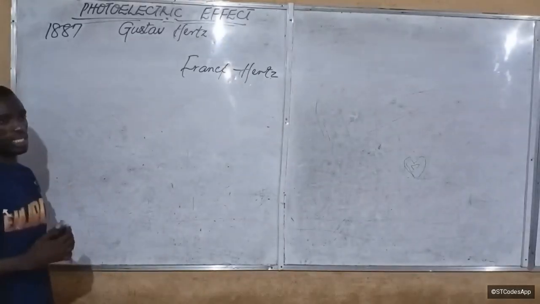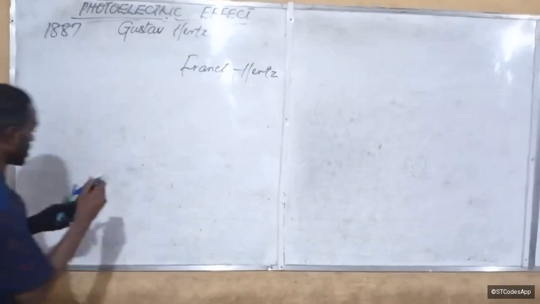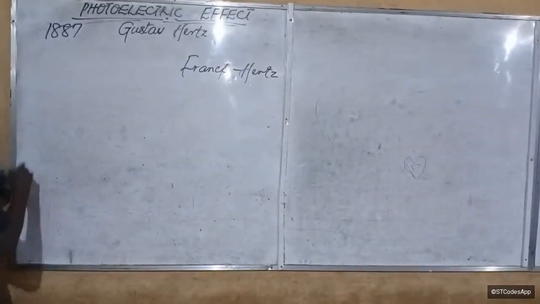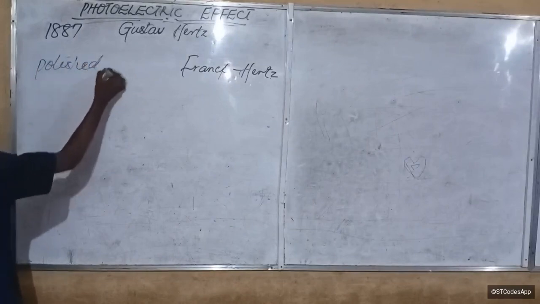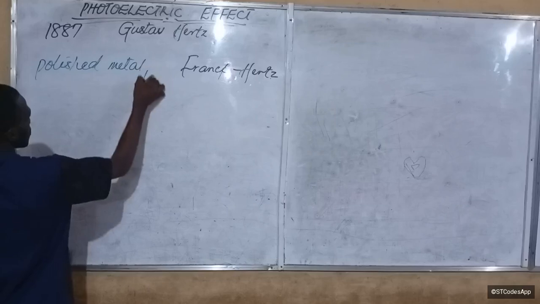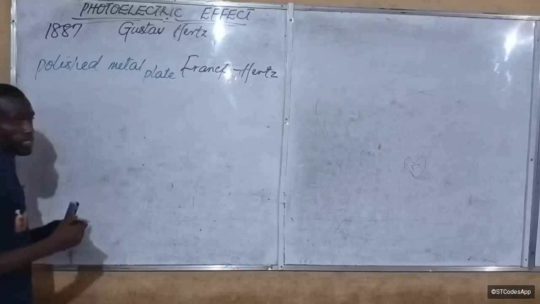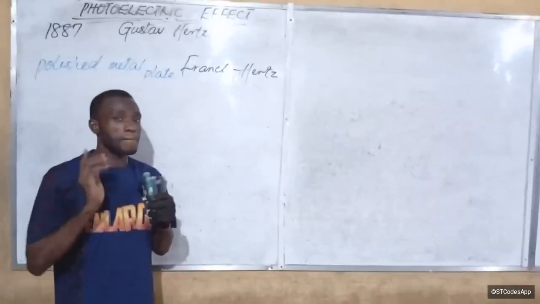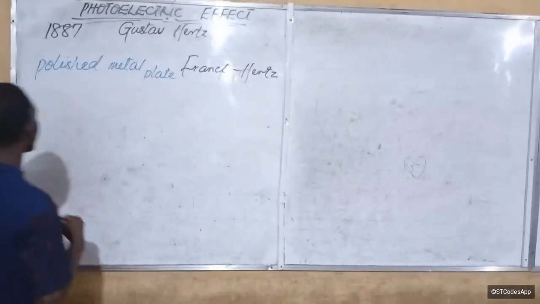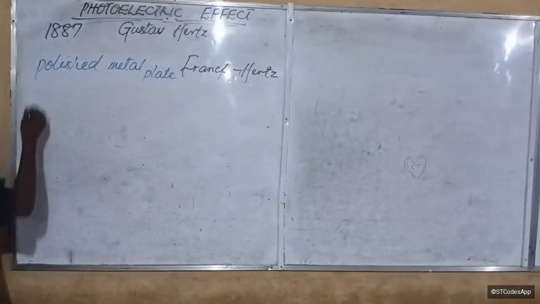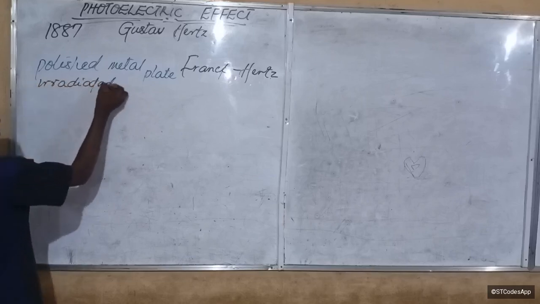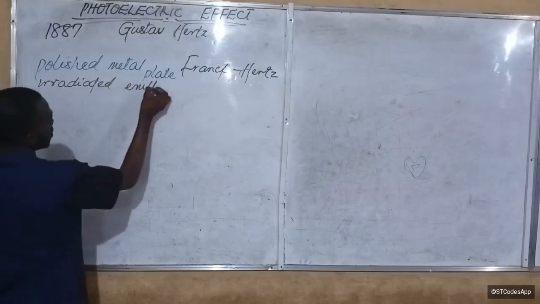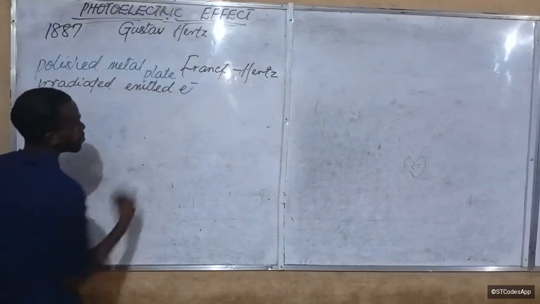So he found out that a polished metal plate, and take note of the word I am putting down, a polished metal plate. What that means is that the physical condition of the metal plate mattered. Is that okay? So a polished metal plate, when irradiated, emitted electrons.